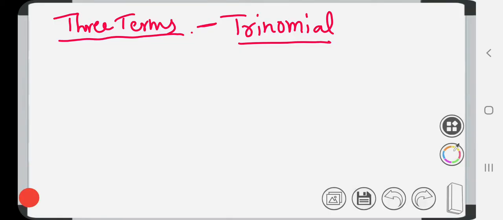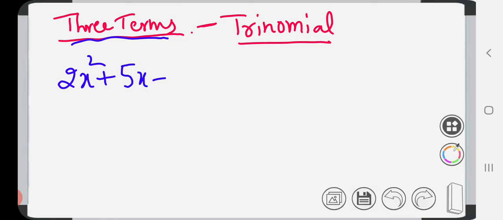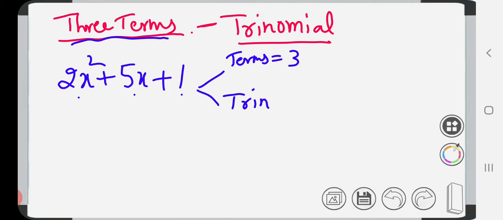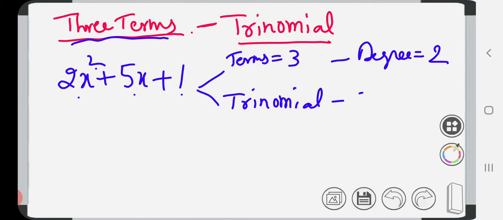If a polynomial has three terms, then that is called trinomial. For example, if I consider 2x square plus 5x plus 1, first term, second term, third term, therefore the number of terms is equal to 3, therefore it is trinomial. And the degree here is equal to 2, therefore it is a quadratic polynomial.